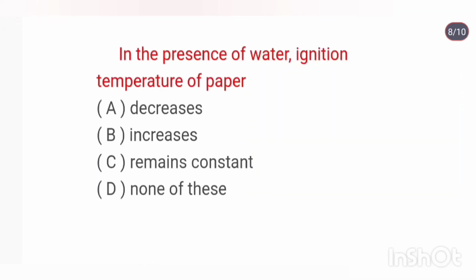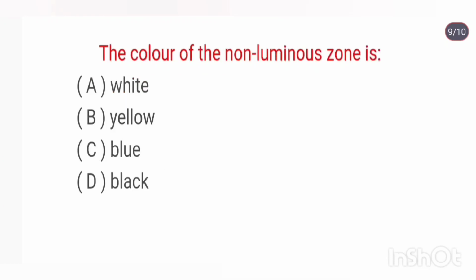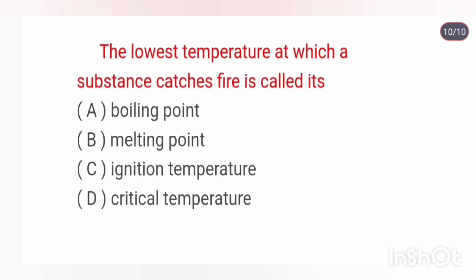In the presence of water, ignition temperature of paper increases. The color of the non-luminous zone is blue. The lowest temperature at which a substance catches fire is called its ignition temperature.